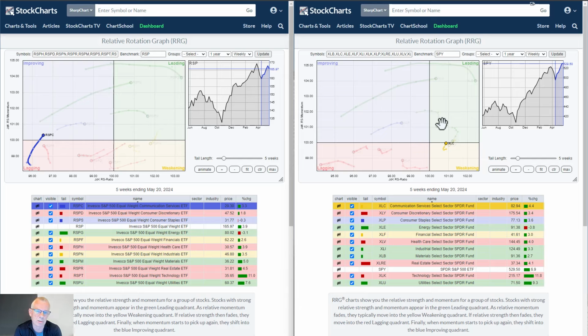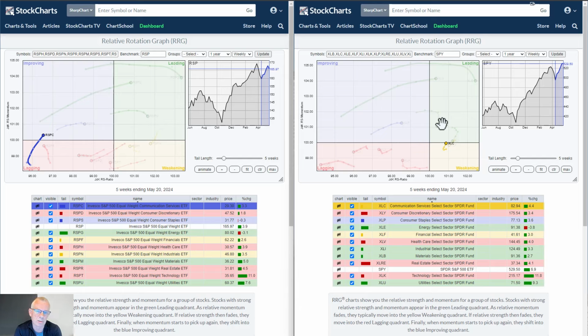Let's go to consumer discretionary. So here you see RSPD, which is the equal weight version, and here is XLY, the cap weighted version. Both are inside the lagging quadrant, both are traveling at a negative heading, but look at the positioning of XLY. It's around 96 and RSPD is about 99.